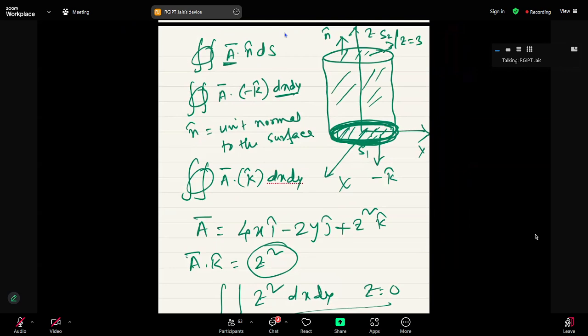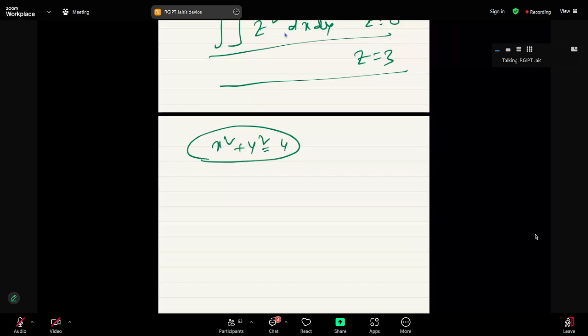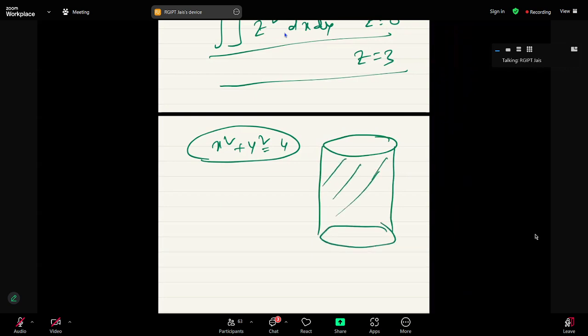X square plus y square equal to 4. For this also you have to find the surface normal. So how will we find the surface normal for this curved surface? You have to do again a dot n cap ds.